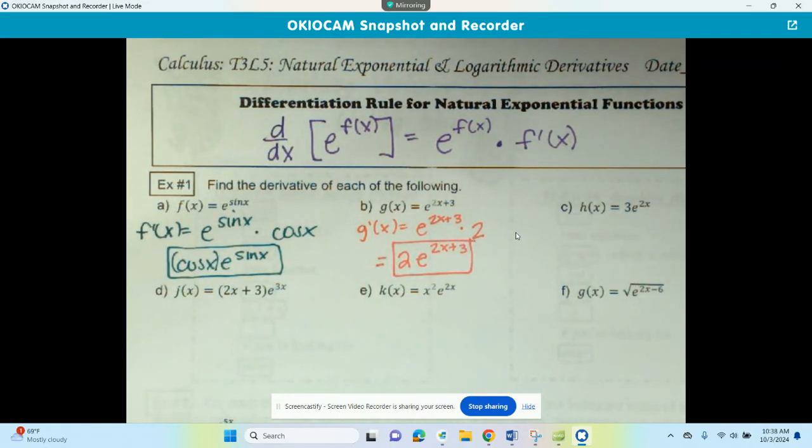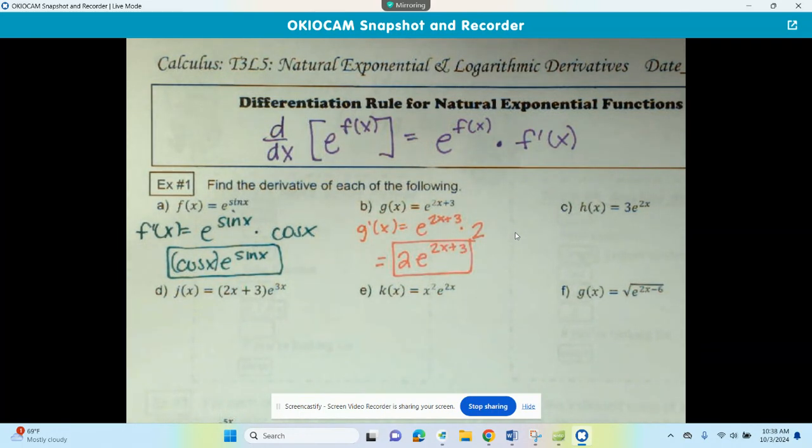Cool. All right, letter C. What do you think on C? 3e to the 2x times the derivative of 2x, which is 2. Times 2?